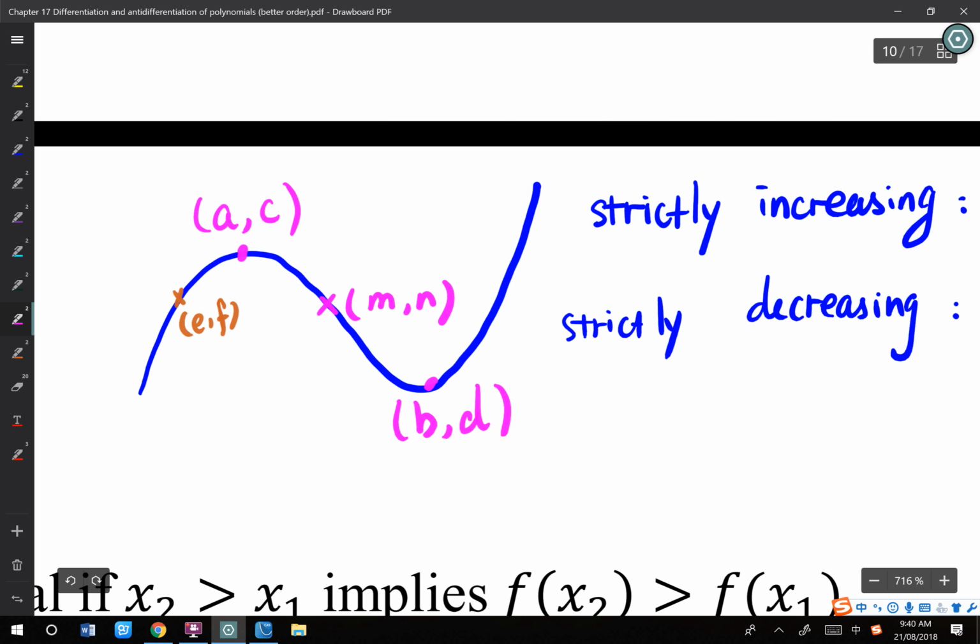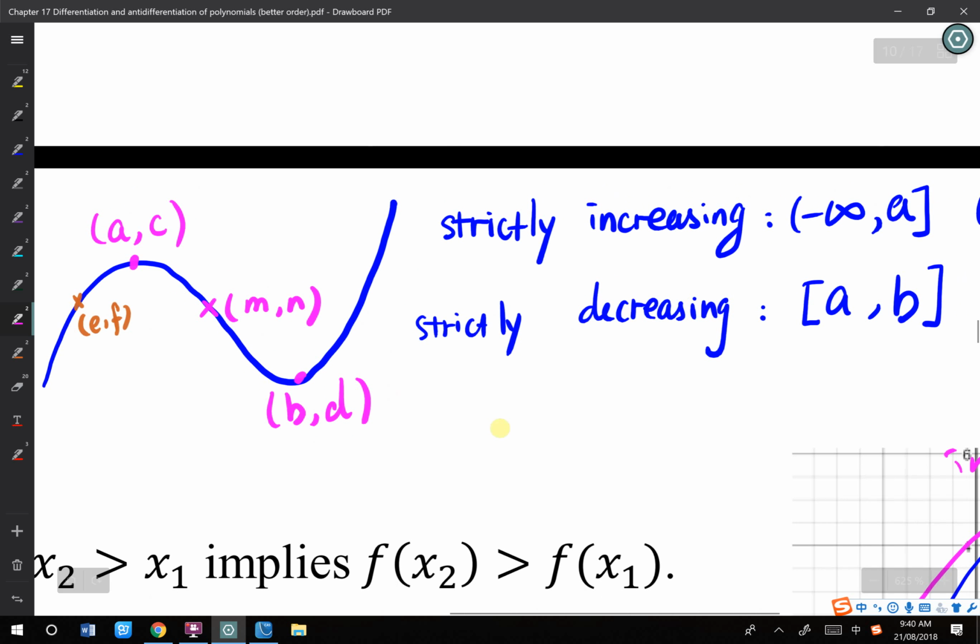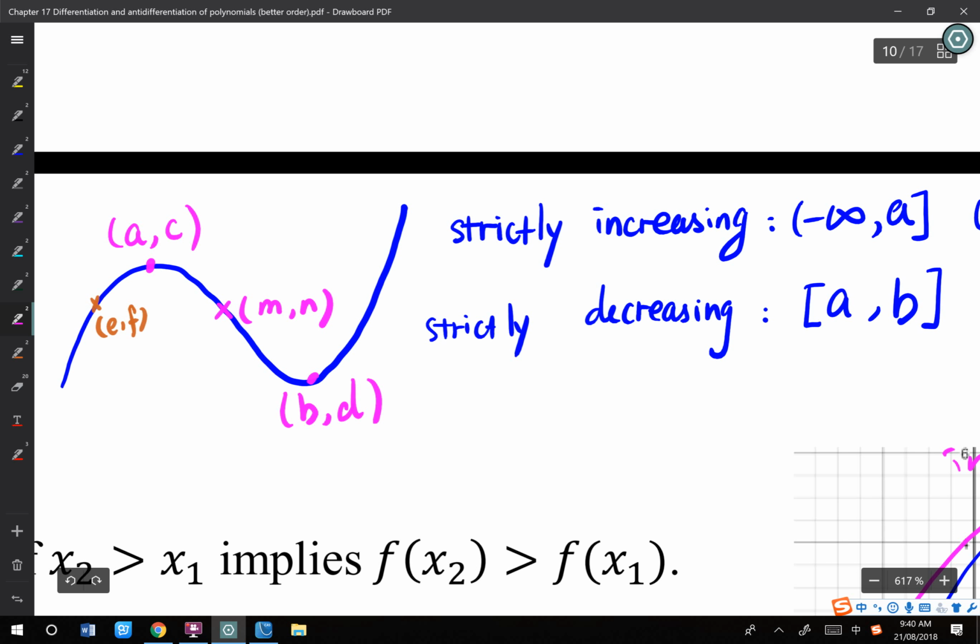If you learn something different, you need to correct this. Okay, so what I'm teaching here is definitely correct. This is the worst point because so many people teach it in the wrong way. Okay, I hear so many students explain to each other, they explain the wrong way. That's why I know they think strictly increasing is not including the turning point, increasing is including the turning point. That's a really wrong explanation.